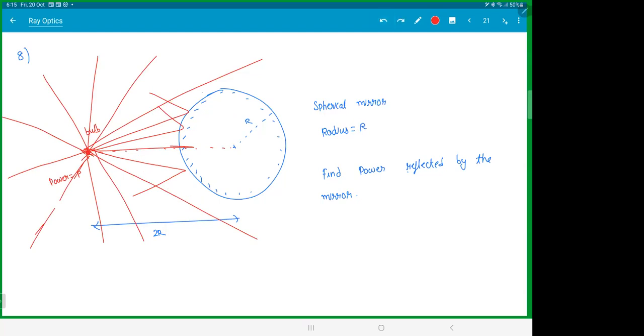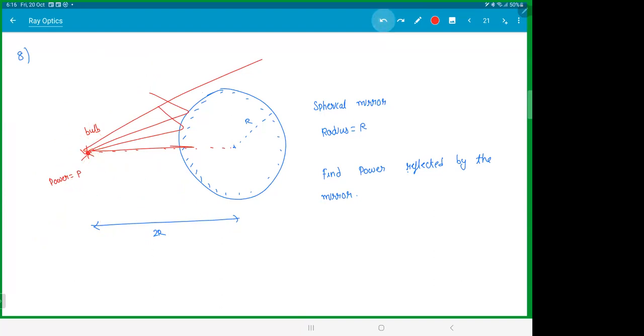If the total power P is going in all directions, how much power is reflected from the mirror? Question is clear? Try. This is more calculus based, but we don't need to use calculus actually, if you remember the result. Think for a minute, then I'll give you a hint and then I'll show you.